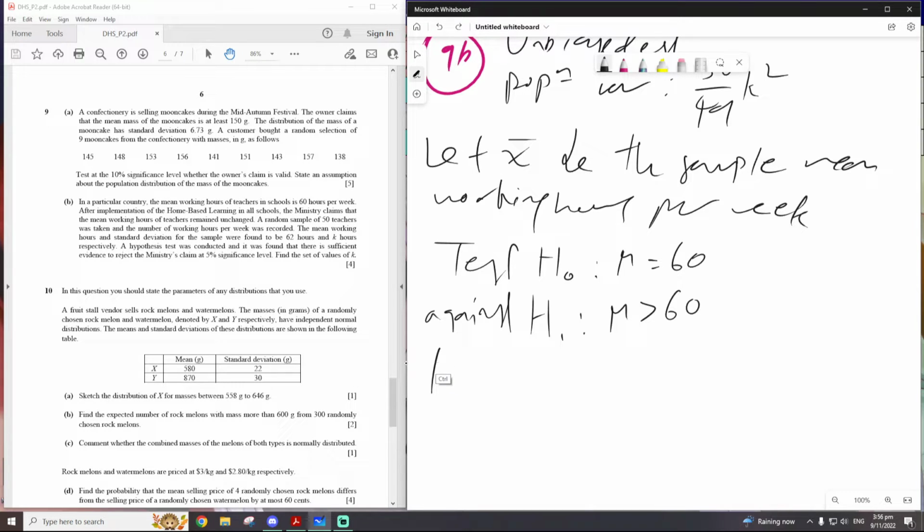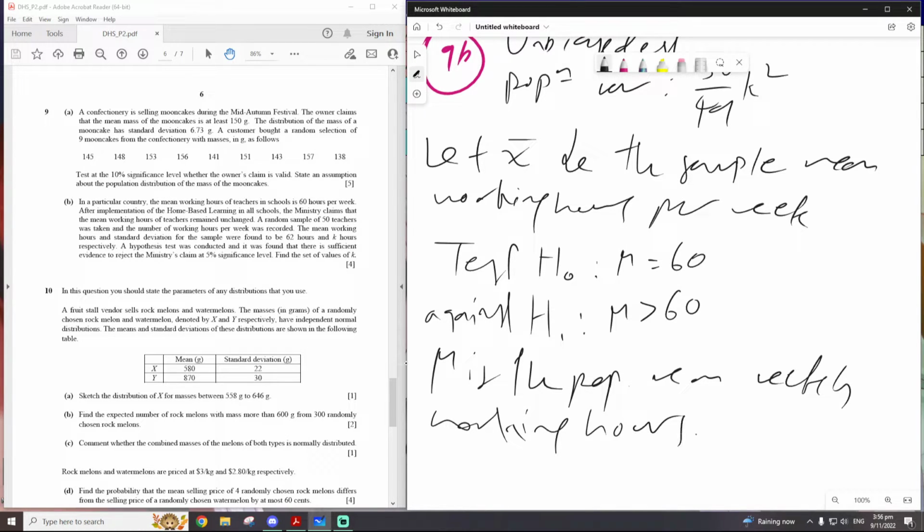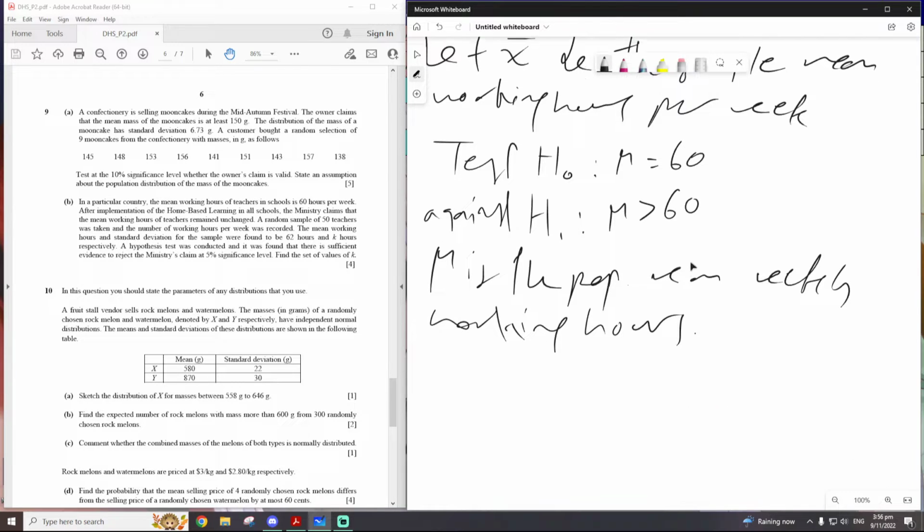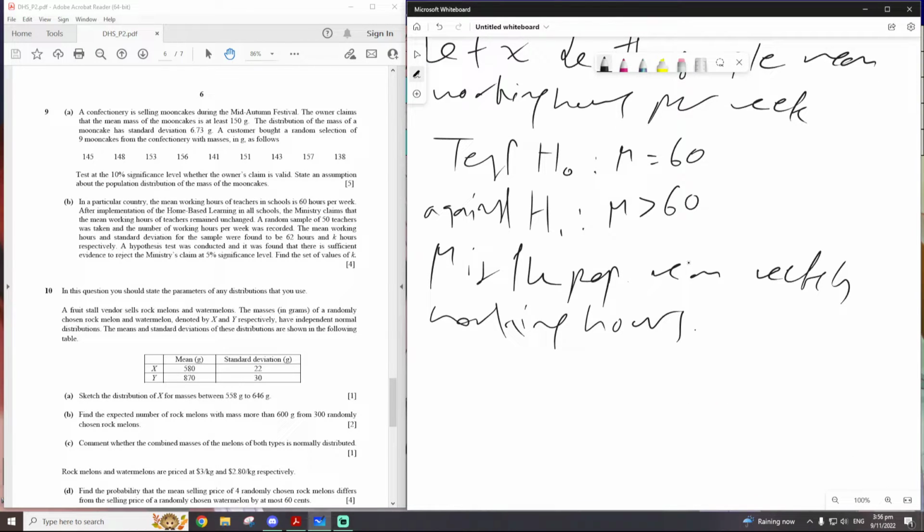Mu is the population mean weekly work hours. Okay, so now we have everything defined. Under H0, notice that we actually have a sample size of 50.